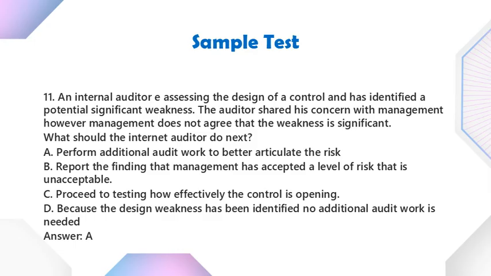B. Report the finding that management has accepted a level of risk that is unacceptable. C. Proceed to testing how effectively the control is operating. D. Because the design weakness has been identified, no additional audit work is needed. Answer: A.